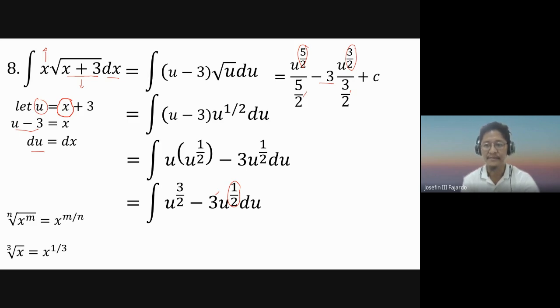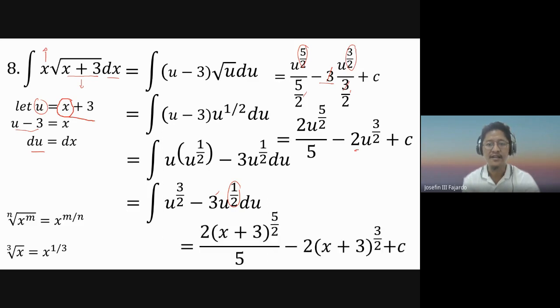So with this, we can now simplify this. Yung 3 na to, we can divide this already, and then the reciprocal of 5/2 naging 2/5 lang. And then we just replace the u with yung ating x plus 3 here. So we have this.